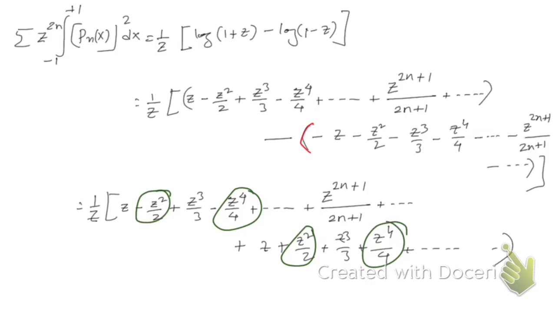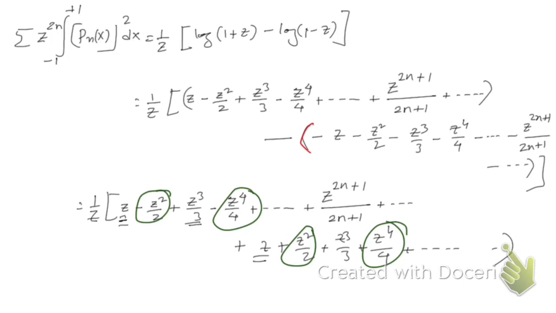What will be the remaining terms? So remaining terms we will get 2z. So z plus z, 2z cube by 3, and 2z to the power 5 by 5, and so on.